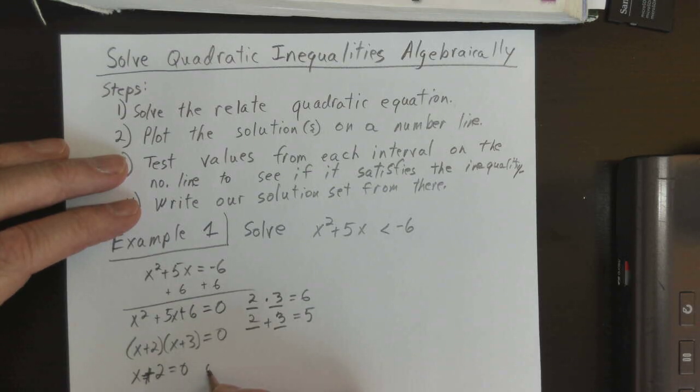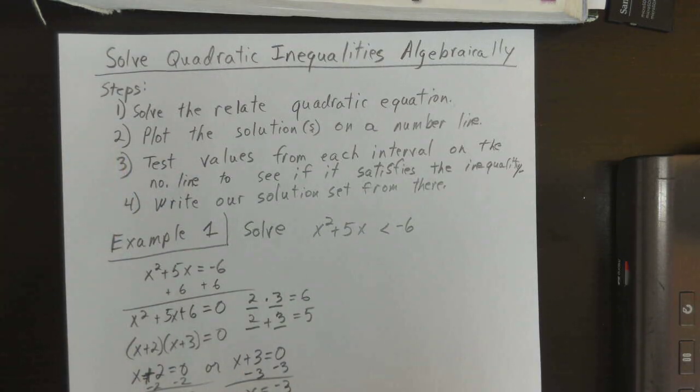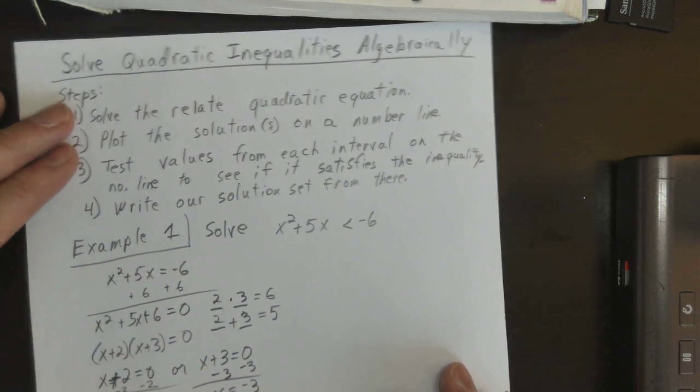X plus 2 equals 0, or x plus 3 equals 0. I'll subtract 2 from both sides: x equals -2, or x equals -3.